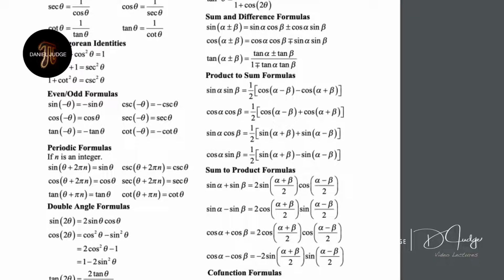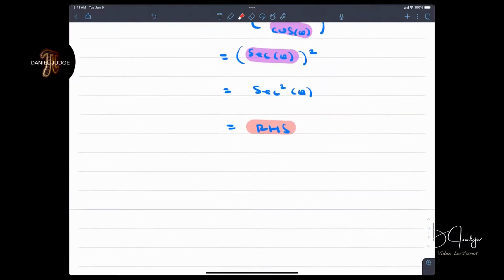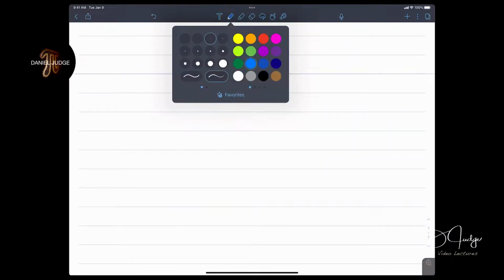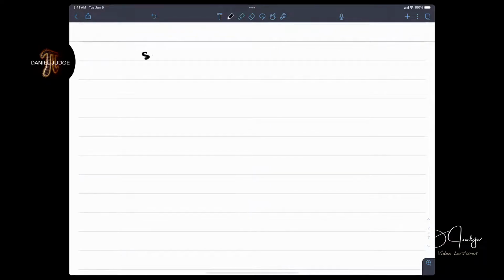So here's what I mean by that. The even and odd identities they gave you, you already know by definition. Sine of minus theta is minus sine theta, and I even proved that at the time with circular functions. We know cosine of minus theta is cosine theta.